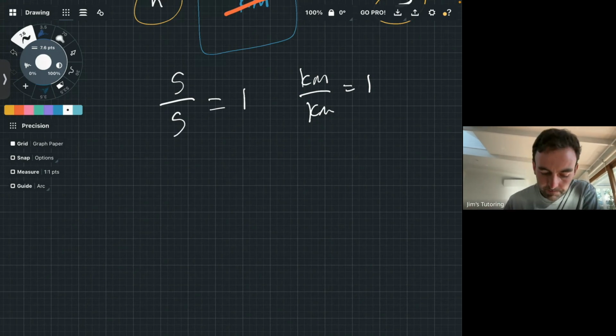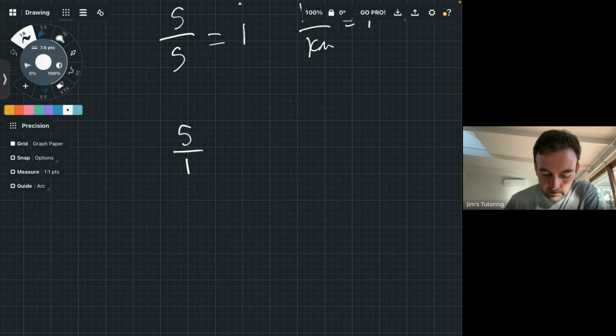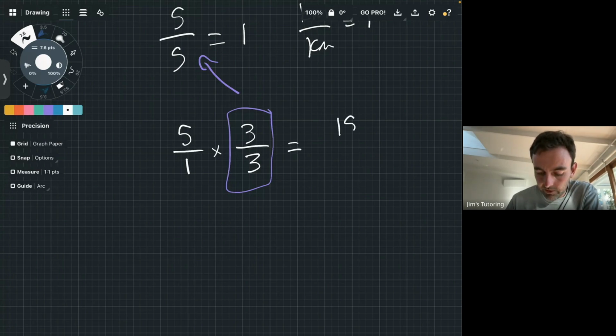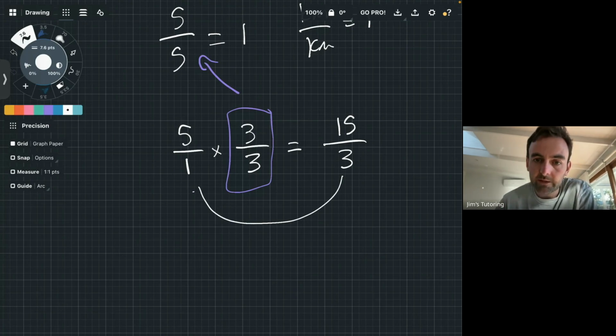If you had 5 over 1 and multiplied it by 3 over 3, this is 1 because the top is the same as the bottom. That's okay because it equals 15 over 3, which is just 5 over 1. It's exactly the same; we've just scaled up that number.